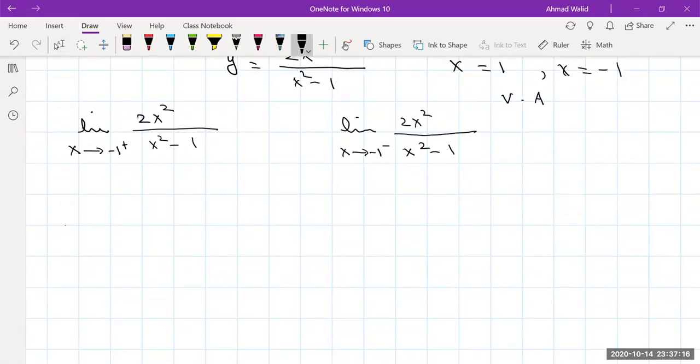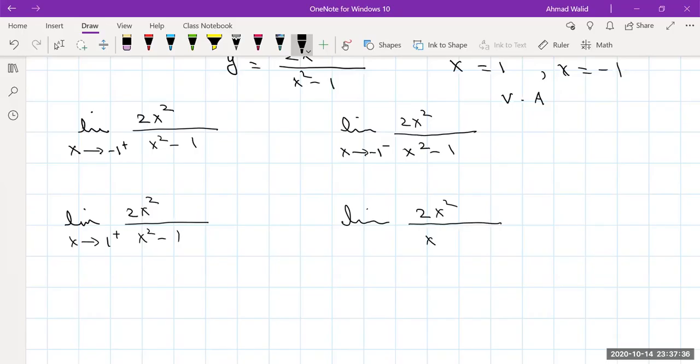Also find the limit as x approaches 1 from the right, and as x approaches 1 from the left.